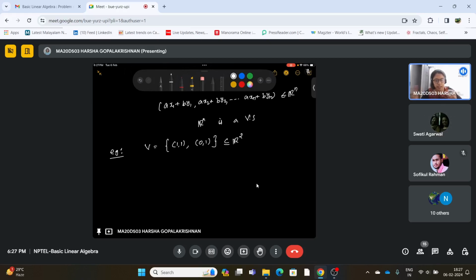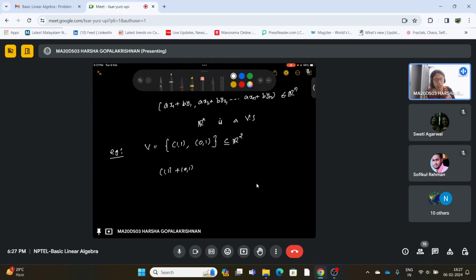So, if it is a vector space, what is the condition? If we take some linear combination of elements, it should belong to V, right? Now, let me take the elements (1,1) plus (0,1).